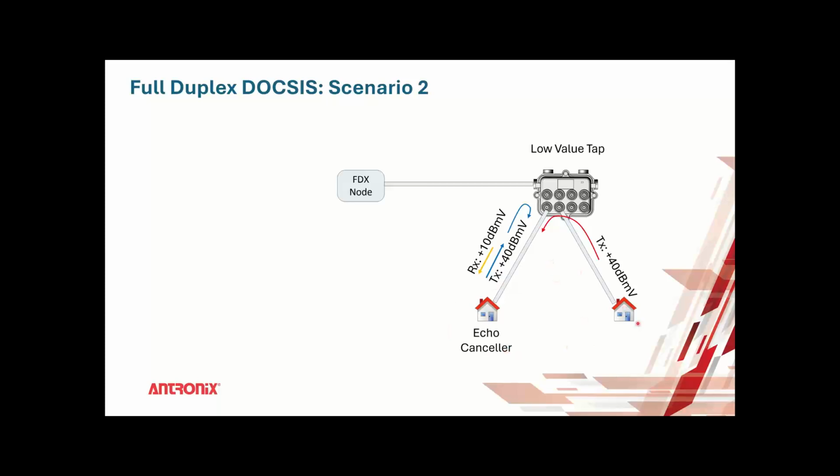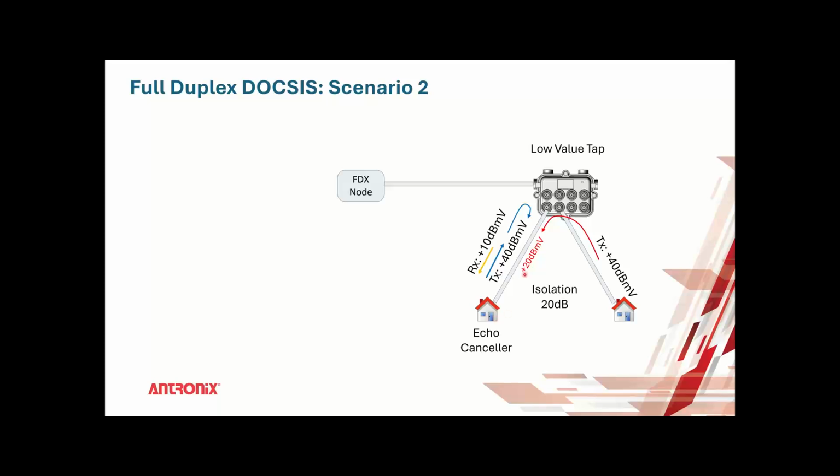The problem would be if I have an adjacent home on a tap. The adjacent home could be transmitting at that same plus 40 dBmV, but due to the tap-to-tap isolation spec, let's say I have 20 dB isolation, you actually have a signal level of 20 dBmV from the adjacent home going down to this home.